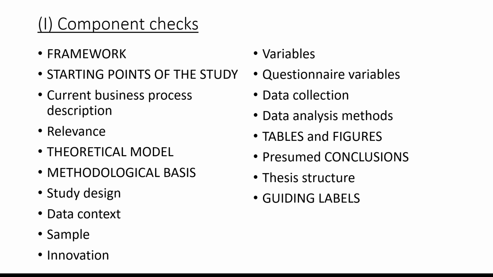And then we move on to the description of the results, what kind of tables and figures are planned in the thesis or coursework. This is of course the preliminary information, but this helps the AI to understand how the results of the study are expected or planned to be presented, and give feedback on that. And then presumed conclusions, where maybe we have some ideas what we might expect from this research.